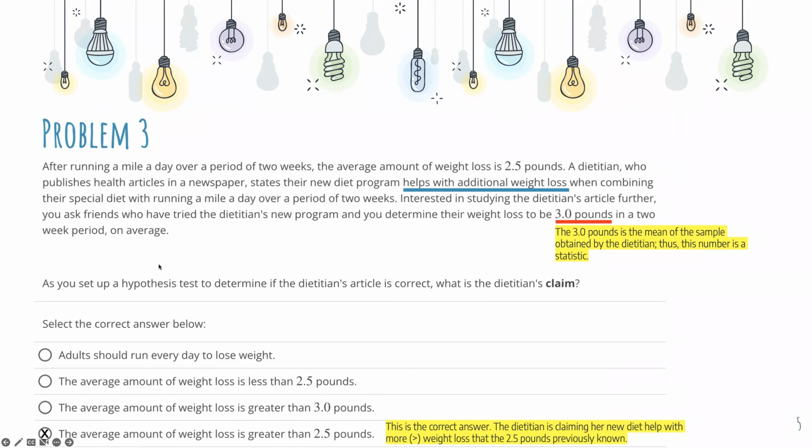All right. So then as you set up a hypothesis test to determine if the dietitian's article is correct, what is the dietitian's claim? So again, what is the claim? The claim is that the average amount of weight loss is greater than 2.5 pounds because she had evidence of something larger than that, which is the 3.